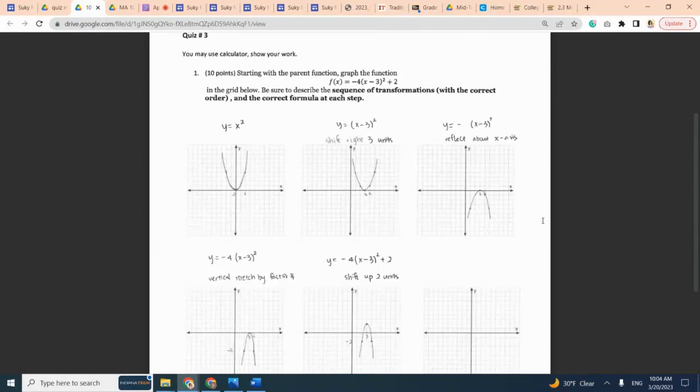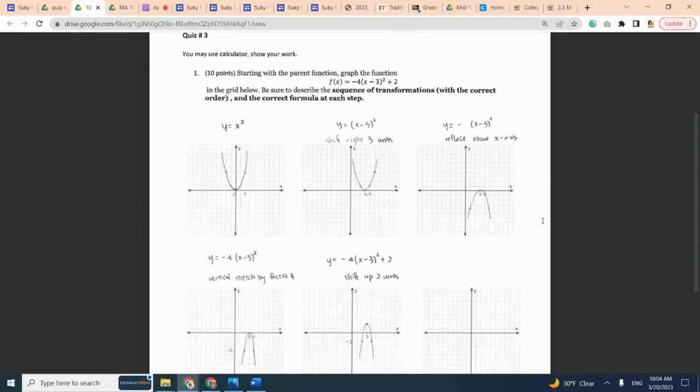Therefore, reflect about the x-axis. So flip it down. It means same x, but for the y, put a minus sign in front of the y. So this point, 3, 0 stays here, but 4, 1 becomes 4, negative 1.